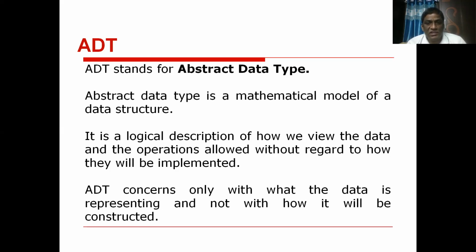If you read this third point, ADT concerns only with what the data is representing and not with how it will be constructed, and also how we view the data and operations alone without regard to how they will be implemented. So simply remember, ADT mentions the data and its operations, not how they are implemented.